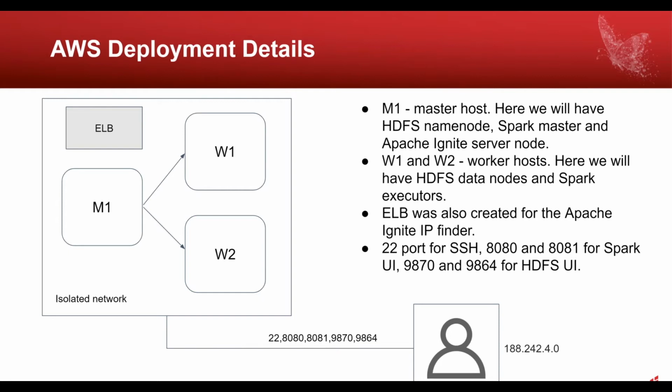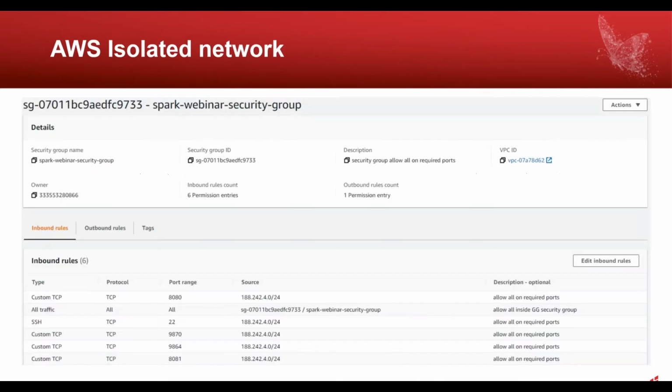All this solution will be deployed in an isolated network, and only several ports will be opened to my current IP. These ports are port 22 for SSH, 8080 and 8081 for Spark, and 9870 and 9864 for the HDFS UI. Okay, it's clear. Let's go to the next slide.